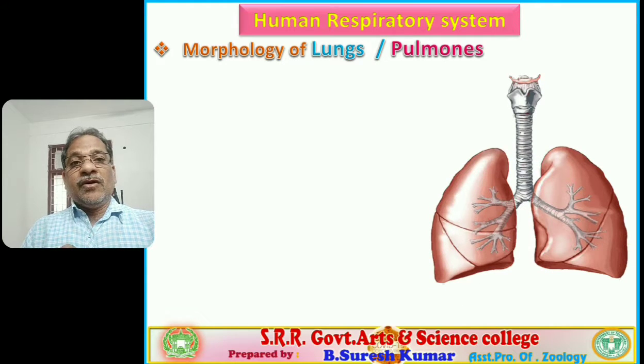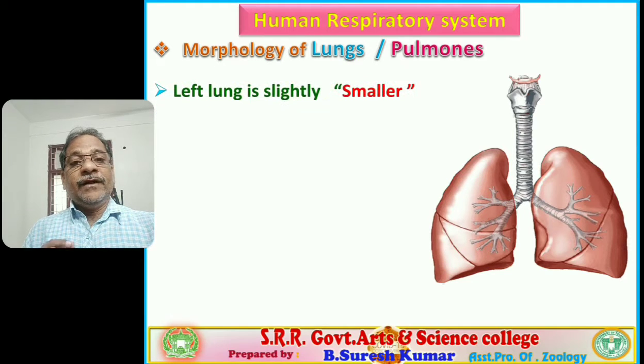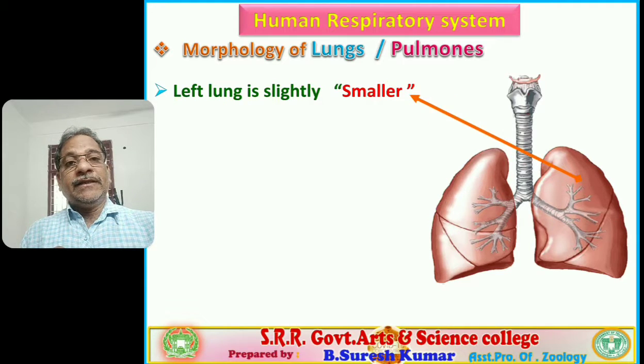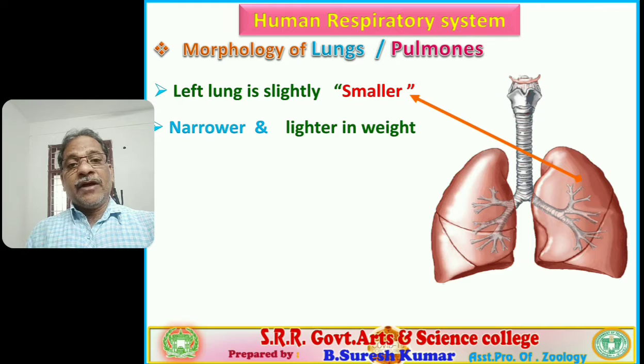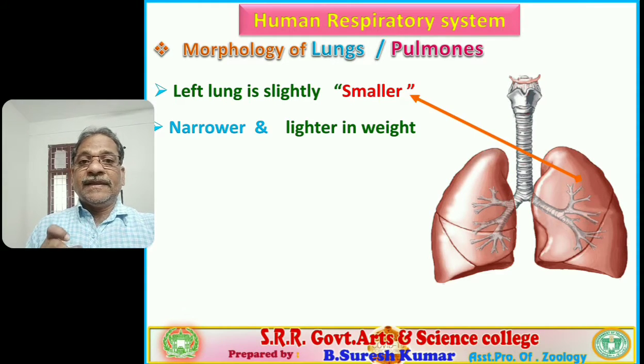And next, we will learn about the external features of the lungs, the morphology of the lungs. If we observe the morphology of the lung, the left lung is slightly smaller than the right lung. Followed? This is important. The left lung is slightly smaller than the right lung, narrower as well as lighter in weight, approximately 600 grams.